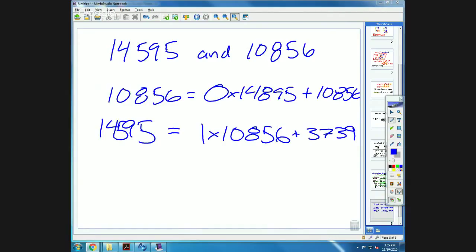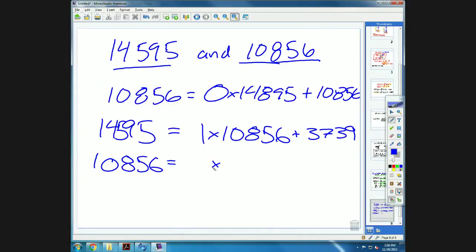That was one of the starting numbers. These are the two numbers we're trying to find the GCD for. I can use my calculator.